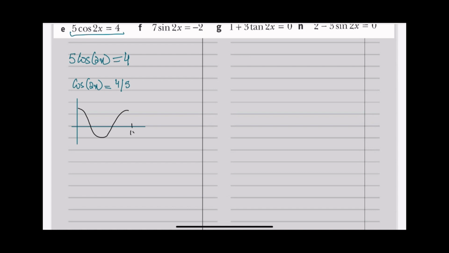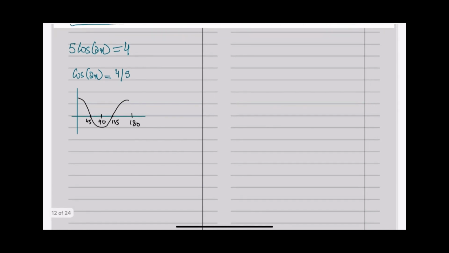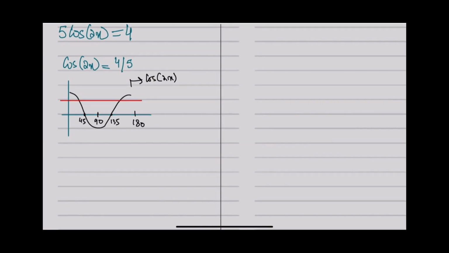This point here is 180. This point here halfway is 90. This is 45 and 135. Now, this graph is cos of 2x. Now, if I draw a line which is y equals 4 over 5, so let's assume it's going to be somewhere lying here, and the points of intersection are these 2 points.